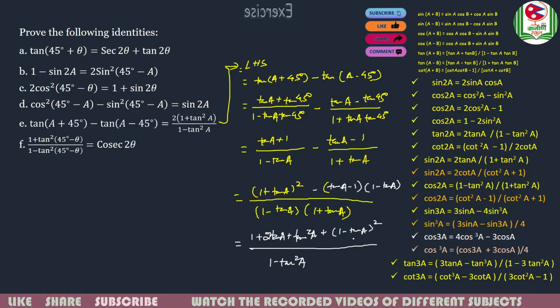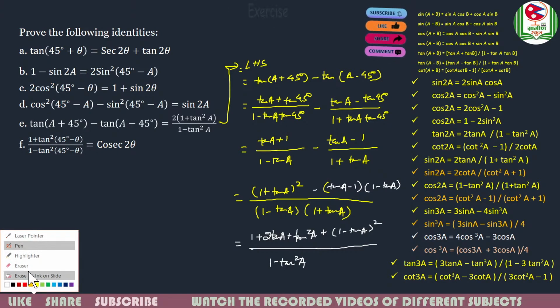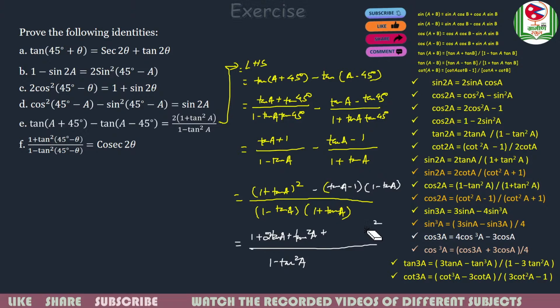How will you expand it? The same way. So we will write 1 minus 2 tan a plus tan square a. So this one is 2 tan a and this one is minus 2 tan a, so it is going to be cancelled out.